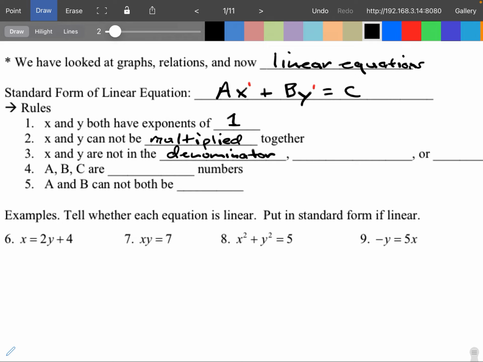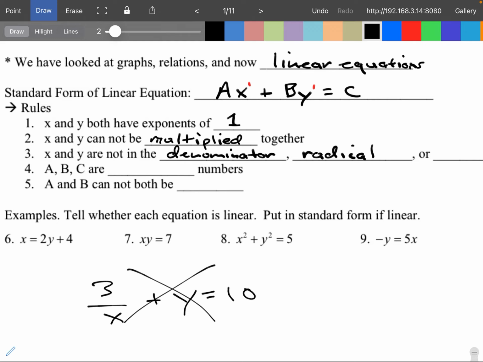All right, then the next one. It says x and y can't be in the bottom of a fraction, so they can't be in the denominator. And again, I'll write an example on the bottom real quick. You can't have something like 3 over x plus y equals 10. All right, that's no good. That would not be a linear equation.